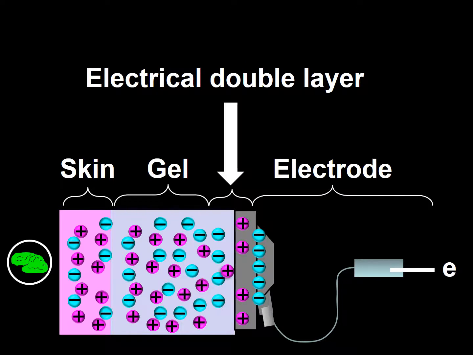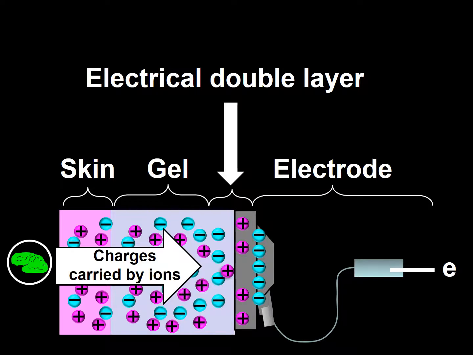I am sure that you can recognize all the components in this figure, hence I will not point them out to you, but I'd like you to spend a few seconds viewing them. I reintroduce this figure at this point to remind you of the mode in which charges are conducted through electrode scalp junctions. Charges are carried through the skin and gel as ionic charges.